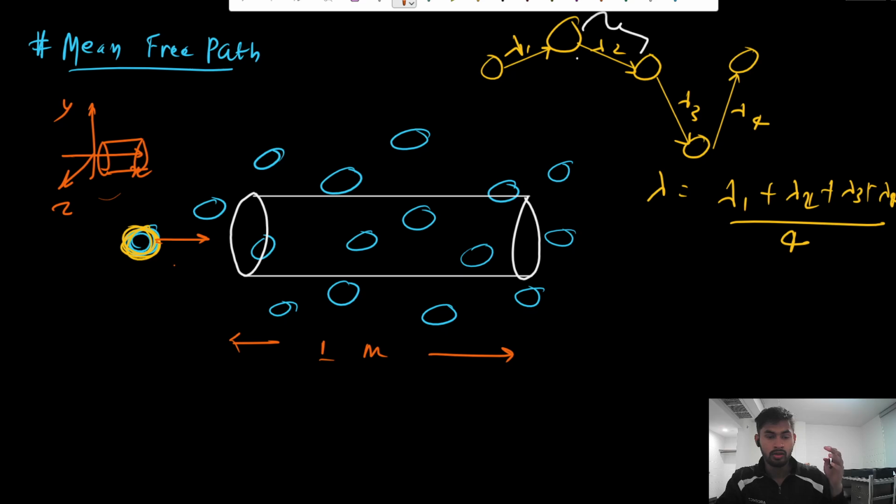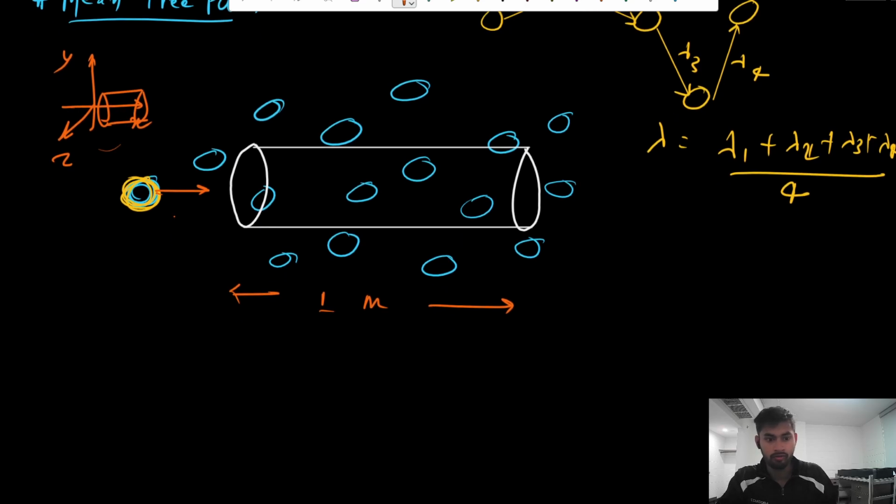So, having that idea in the back of your mind, let's define this to be a molecule of diameter d, and let us assume that there are a few different molecules.